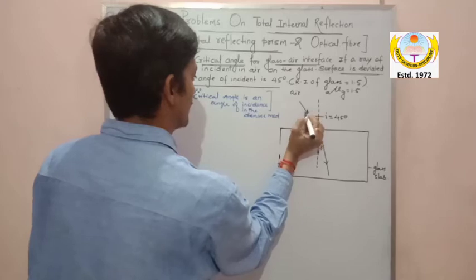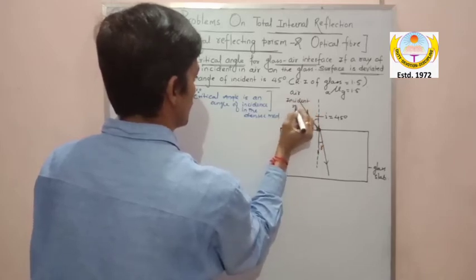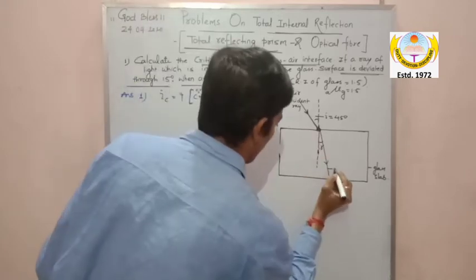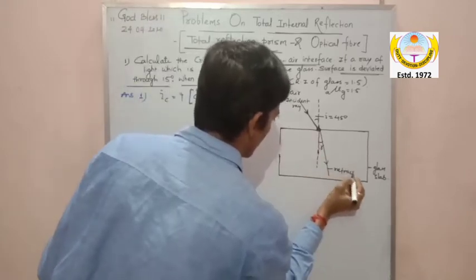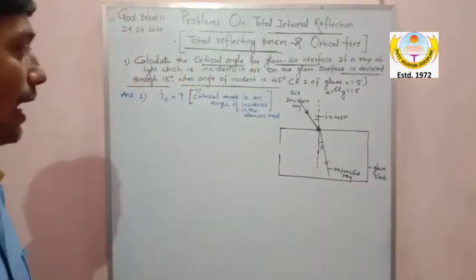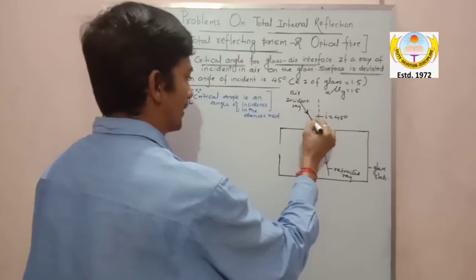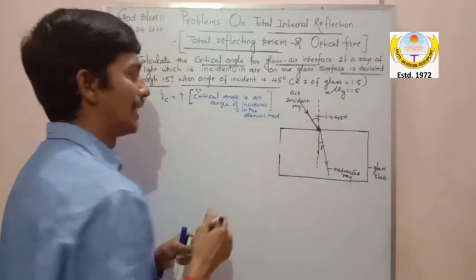So this is your incident ray. This is your refracted ray. And this angle is I, it is given. The angle I is given.